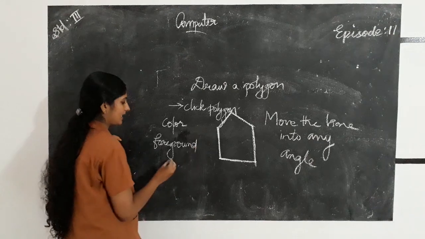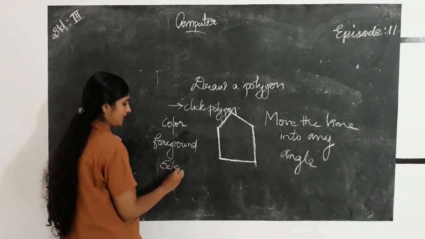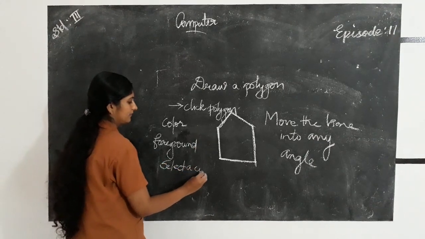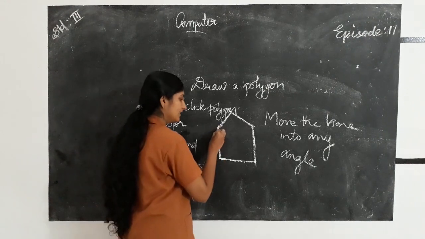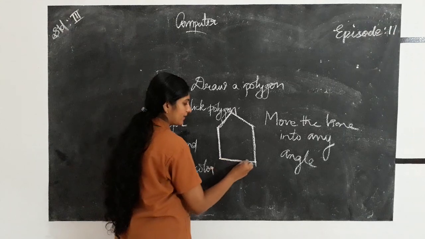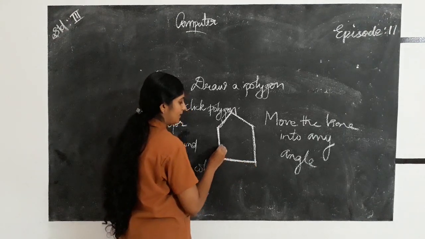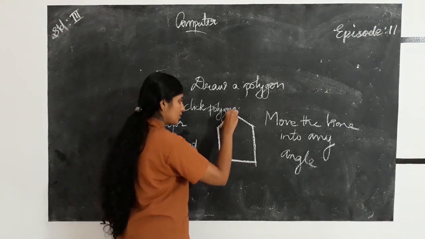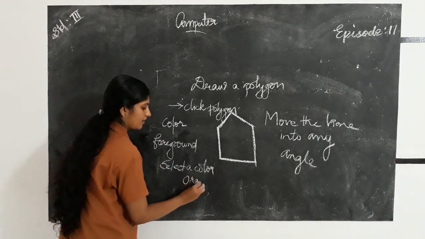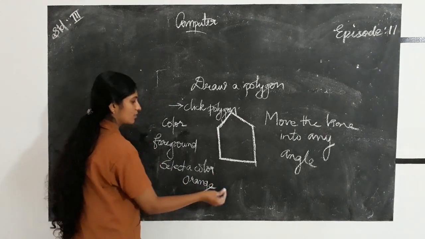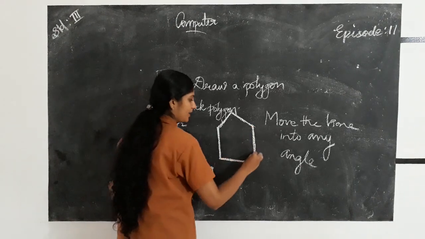Then select a color from the color group, so that the outline color changes. For example, you selected an orange color. So the outline color changes to orange.